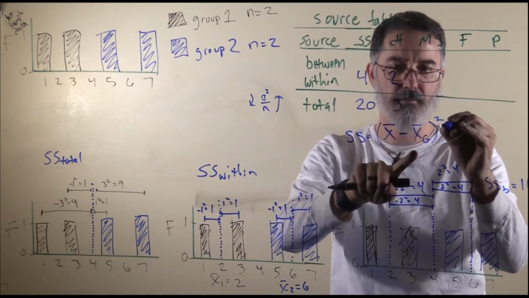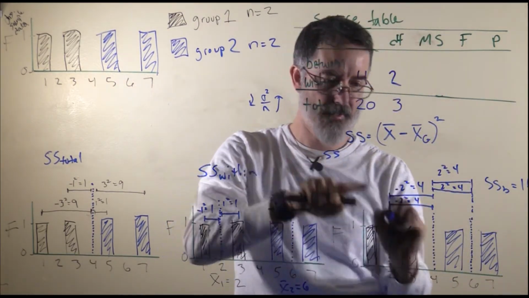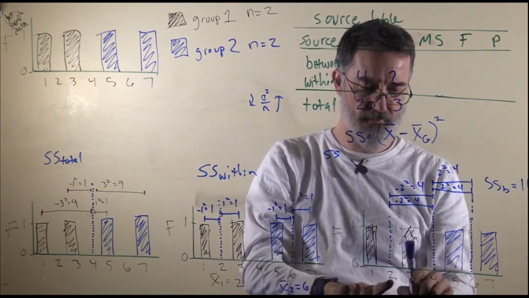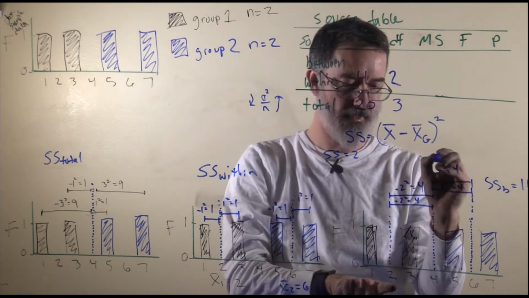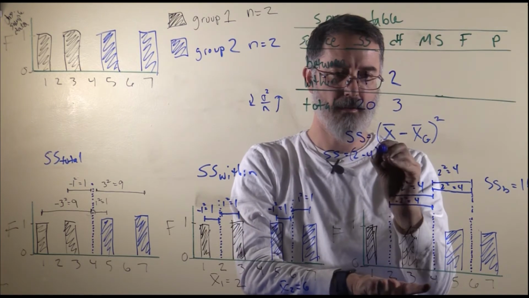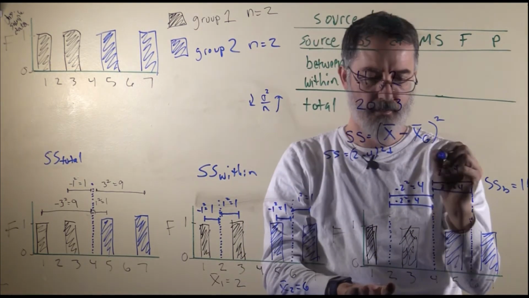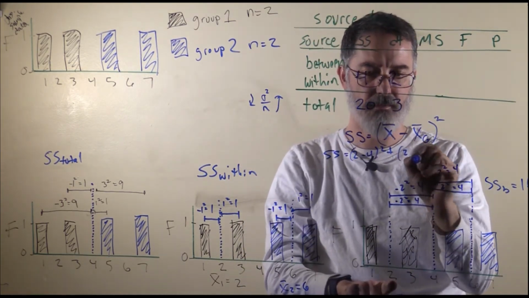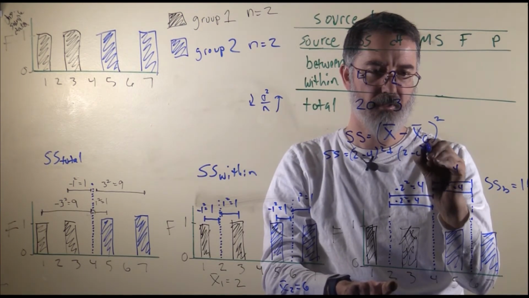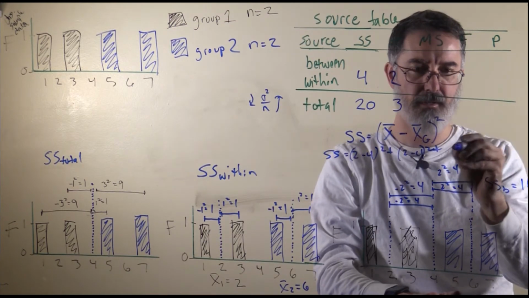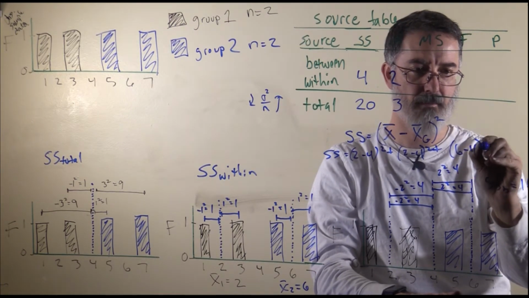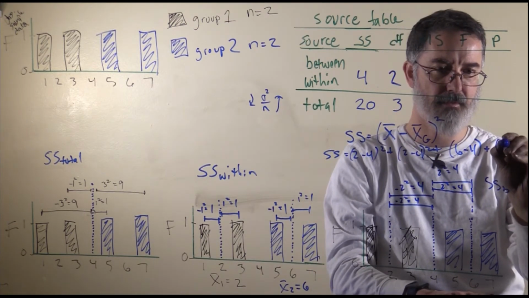So if we do it this way, for our first individual you take its mean, which is 2, minus the grand mean of 4, squared, plus for the other individual, you also take its sample mean minus 4 squared. And then for the next individual, you take its sample mean minus the grand mean. And for the last individual, you do the same, squared.